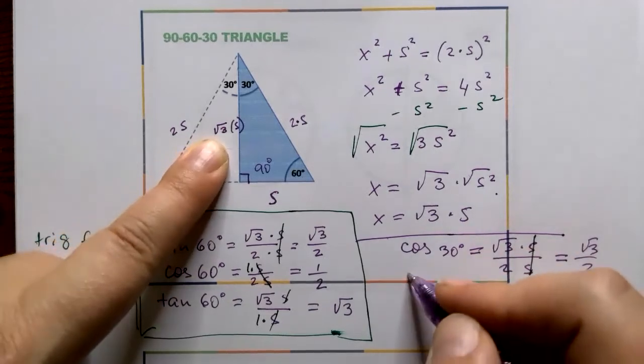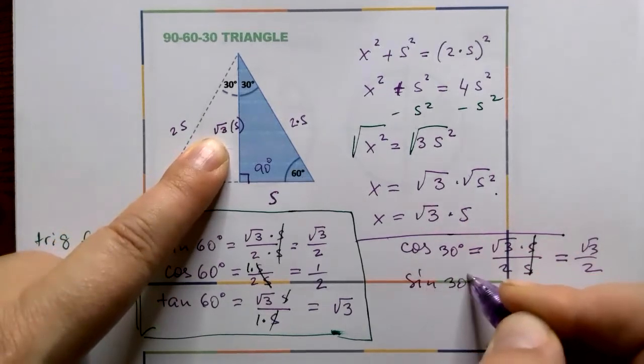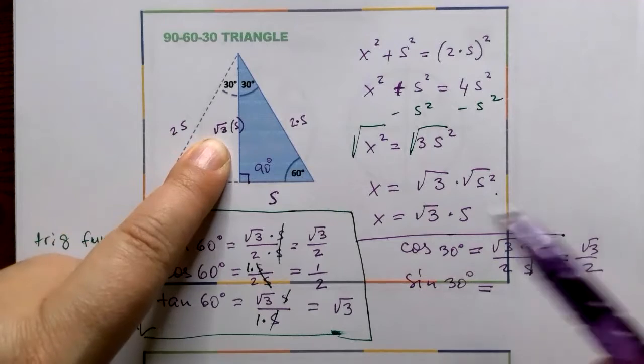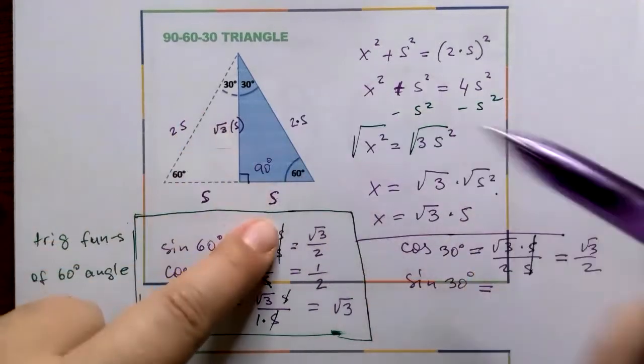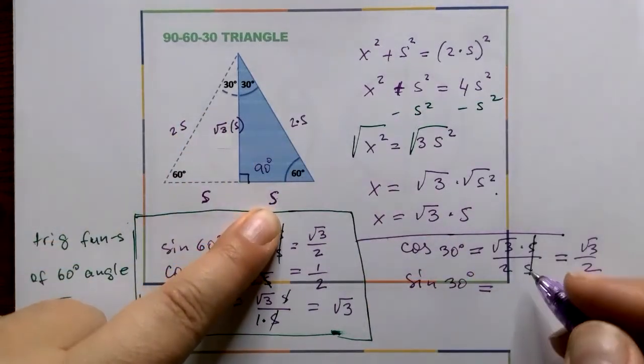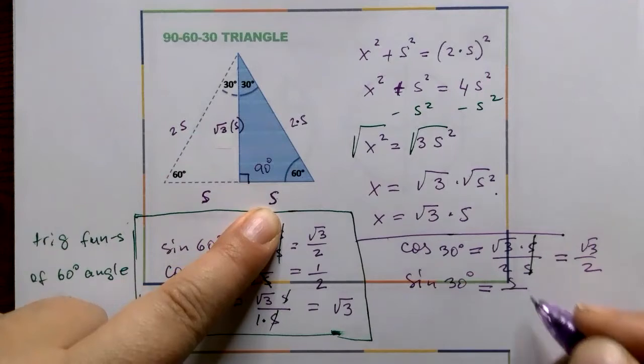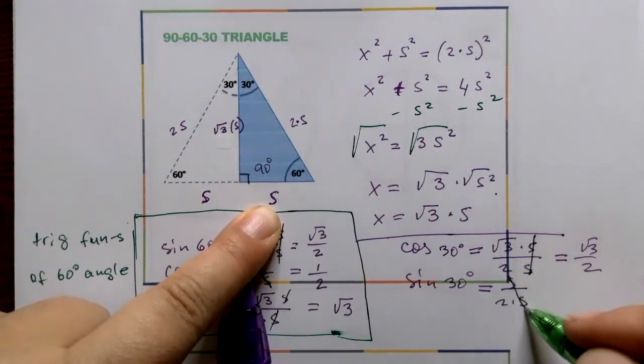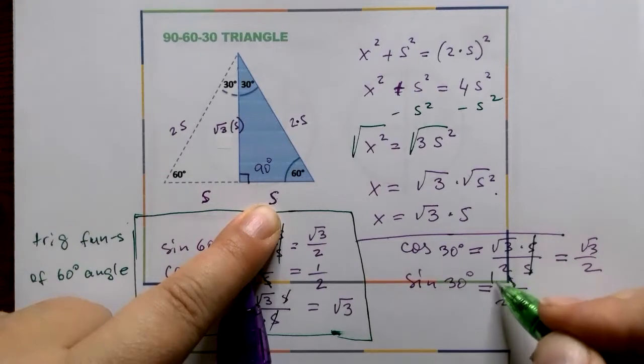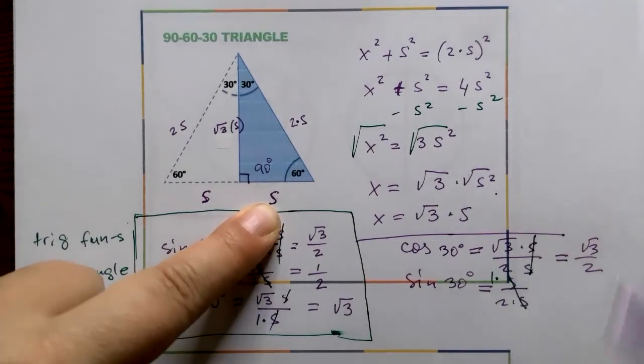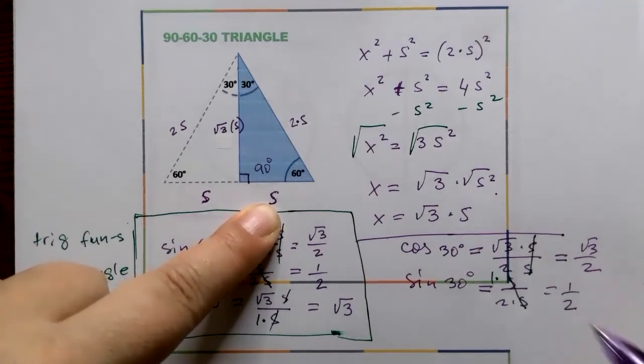Now for the sine of 30, sine is opposite over hypotenuse, so it's s over 2 times s. The s's cancel out, and we end up with 1/2.